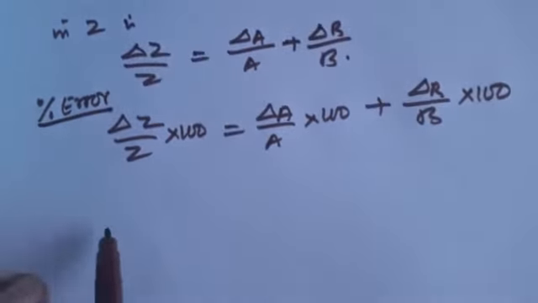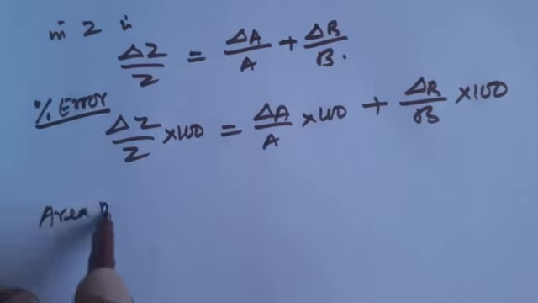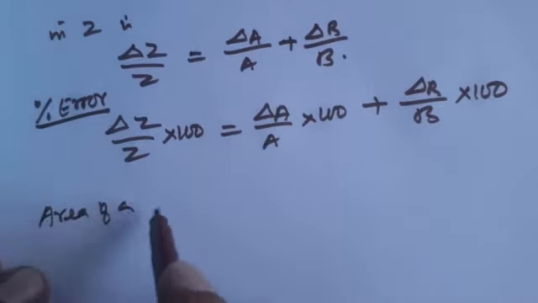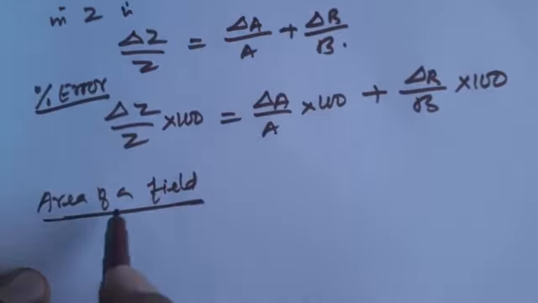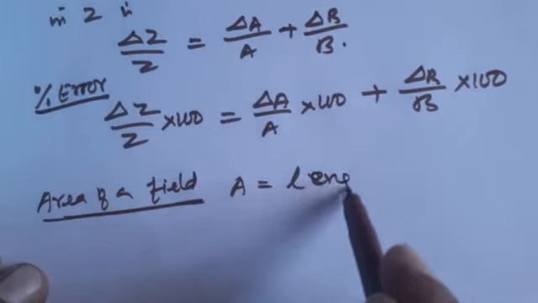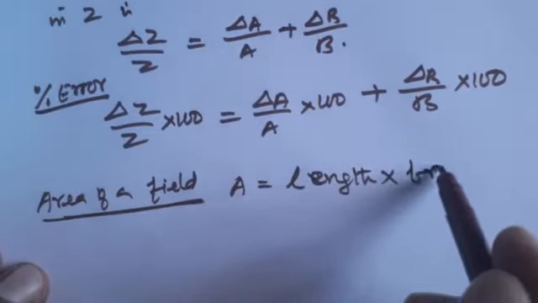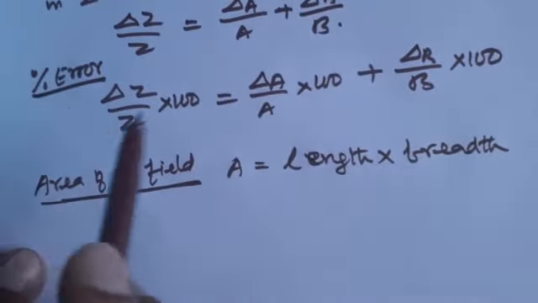Suppose you are going to find the area of a field, or glass plate or paper, which involves product. What is area? Area is length into breadth. So this involves multiplication.